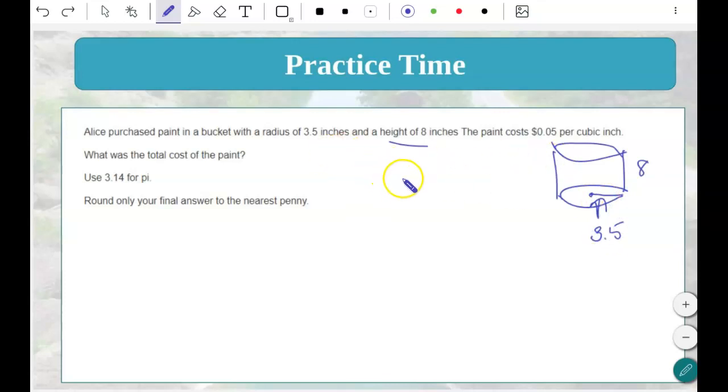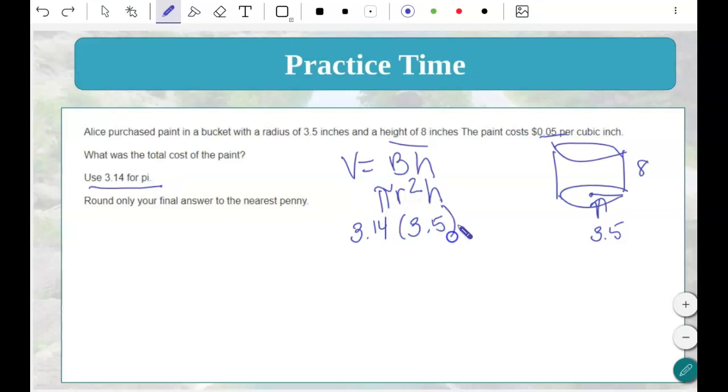First we have to find out how much paint is in there, and then we're going to find out the cost. So we're going to use our formula to find out the volume, how much paint is in there. The base is a circle, so pi r squared. We're going to use 3.14 for pi because it tells us to. Radius is 3.5.